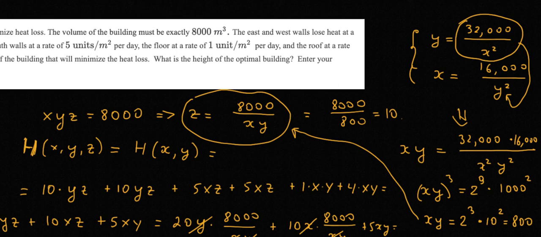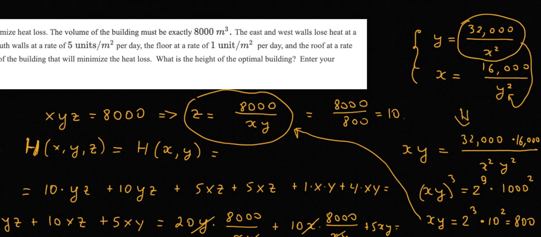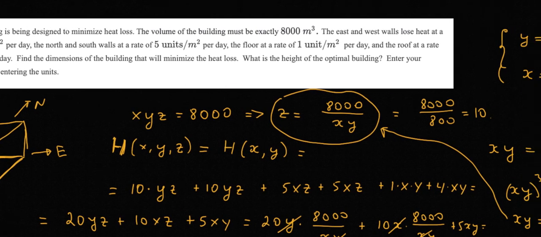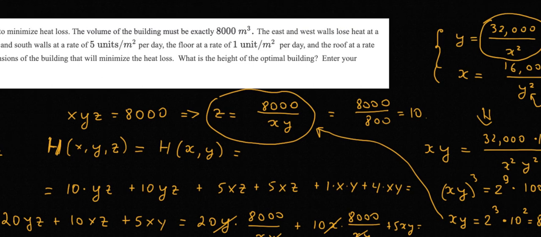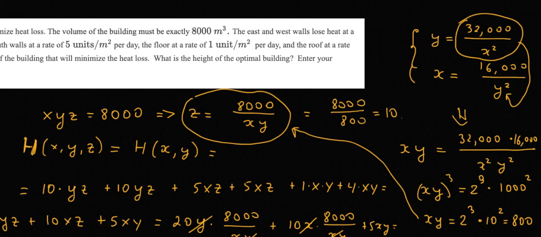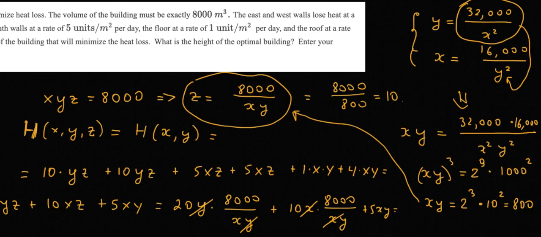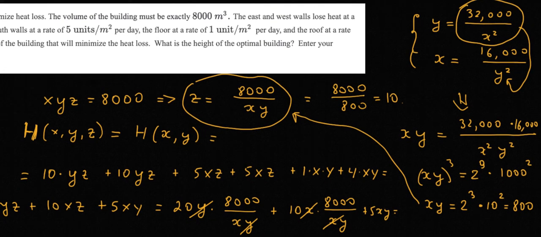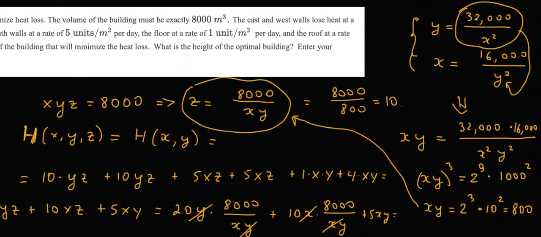Okay, now there's one thing that I want to take a look at a little bit in more detail. How can we be sure that the critical point that we found this way is a minimum value of this function? This follows from the fact that if you're solving for x and y from the equations that we get by setting the two partial derivatives equal to 0, we will find one solution.